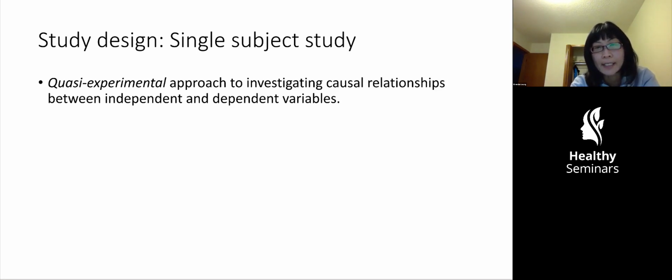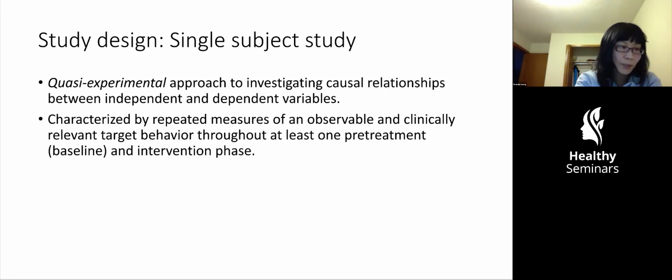And the idea is to investigate a possible causal relationship between what we call the independent variable, which would be the intervention or the treatment, and the dependent variable, which is our outcome. So it's a quasi-design because we're not controlling specific variables per se.